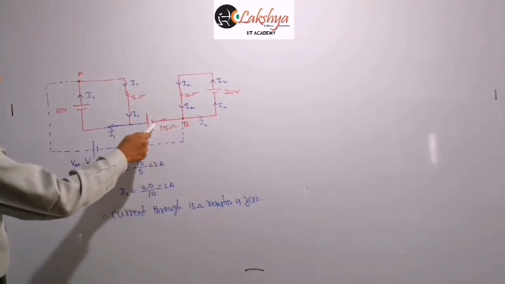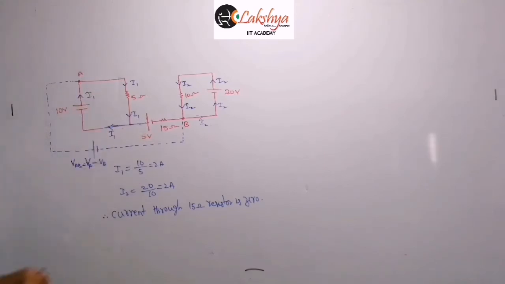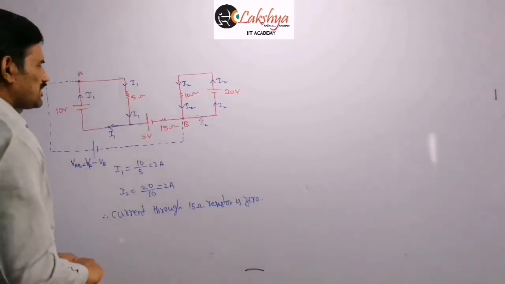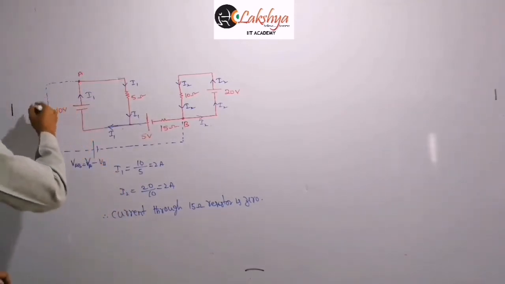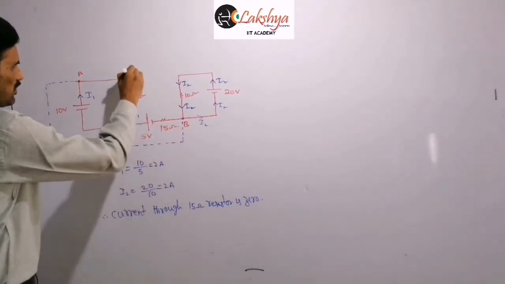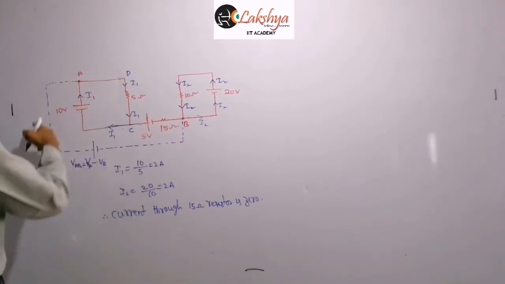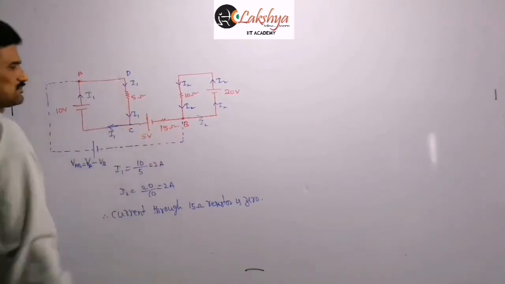You can come across like this, or you can also follow like this. You will get the same answer. So I am writing this Kirchhoff law directly here. This is AB totally. This is suppose a point C and this is the point D. That means I am taking this path here. Is it clear? A, B, C, D path.